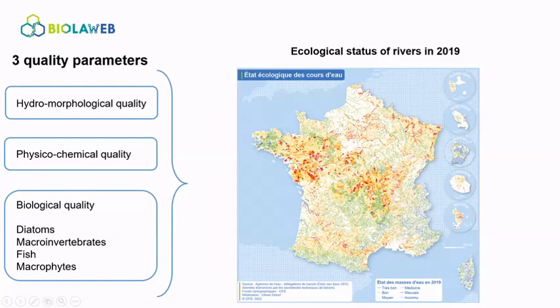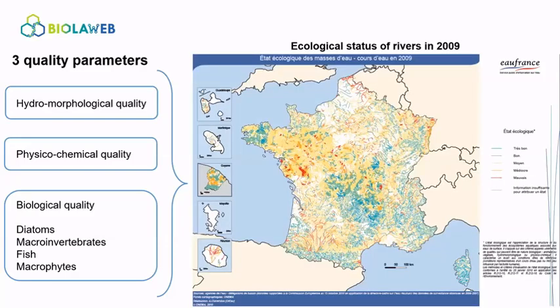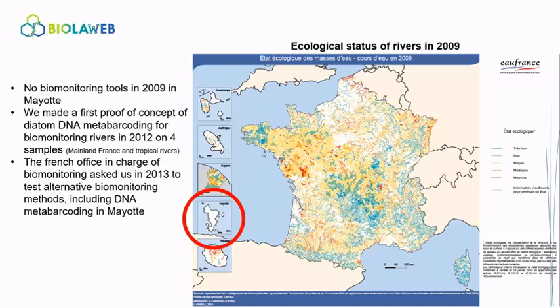You can find here also the mainland France and the different islands that I told you. But yes, I just would like to come back to 2009, and you can see here this island, which is called Mayotte here. Nothing. There was nothing. No evaluation at that time. And in the meantime, we had the first PhD student, so Lena Kermarek, and she already made the proof of concept with DNA metabarcoding and diatoms, and she showed that it was possible to identify diatoms with DNA metabarcoding.